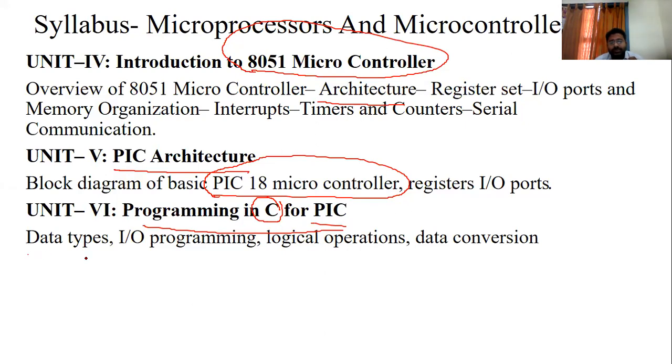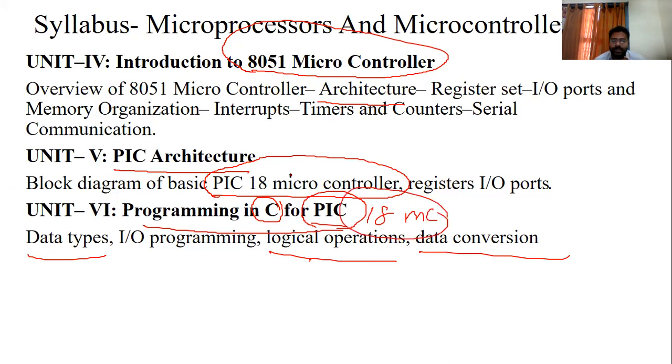What are the different types of data types? You know that in C language we have different data types. What are the logical operations? What are the data conversion operations? You know that different types of logical operations are there to write the C program. For the PIC 18 microcontroller, you need to write programs.